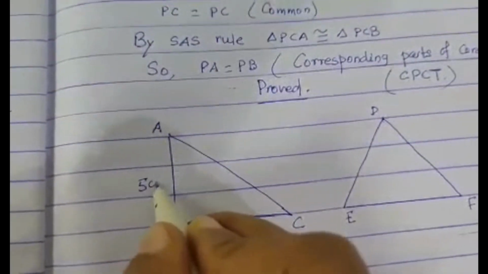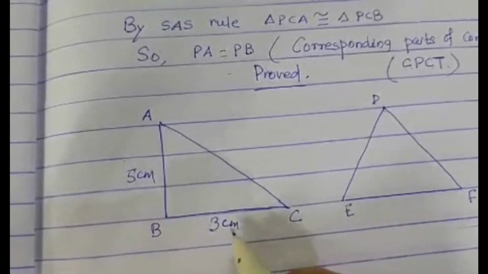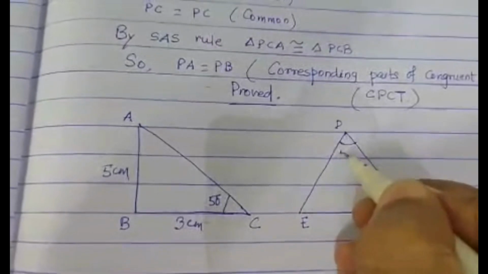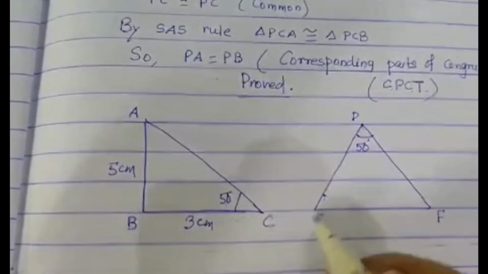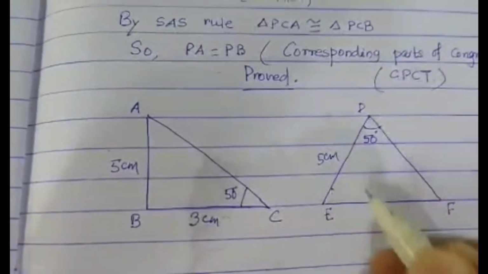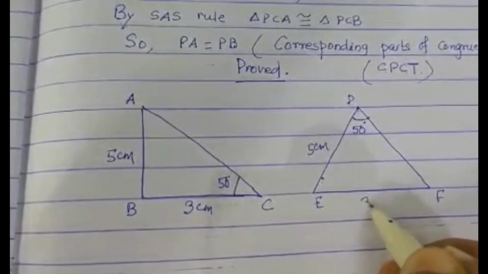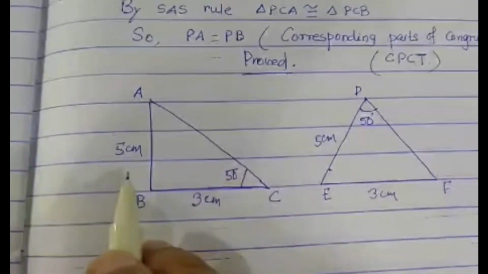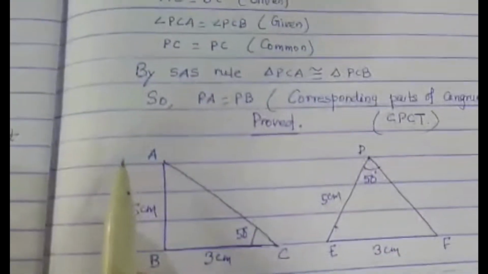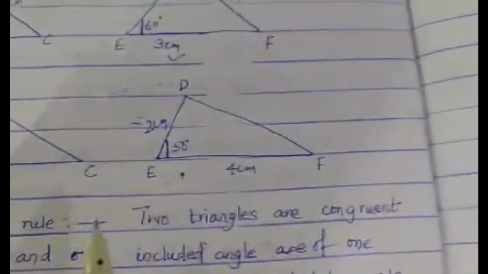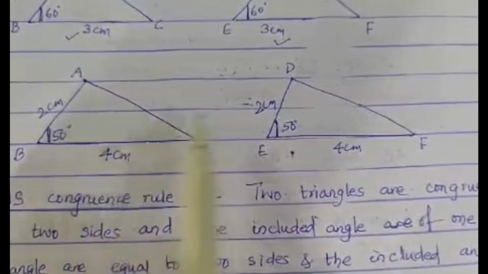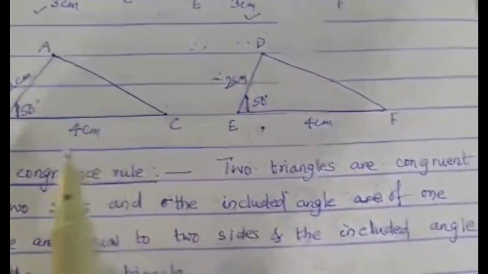Sides are 5 centimeter, 3 centimeter, and this angle is 50 degrees, and in the other triangle also 5 centimeter and 3 centimeter. Means two sides are equal and one angle is also equal, like in the case which we have studied in SAS. But in SAS, the angle was the included angle.